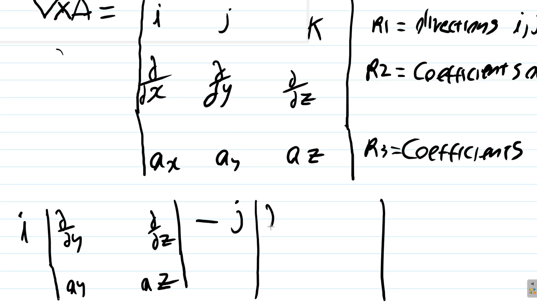You have partial by partial x, partial by partial z, then Ax, Az.